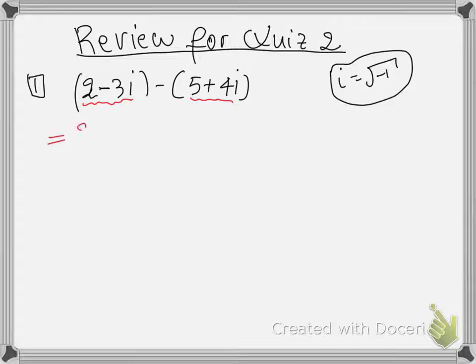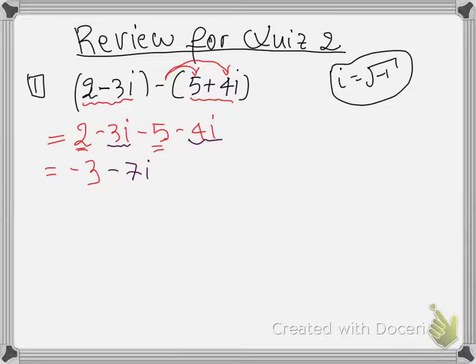So we're going to have 2 minus 3i, subtract 5, so minus 5 minus 4i. What I did here is I distributed the negative into the 5 and the 4i. Then combine like terms: we have 2 minus 5, which is -3, and then -3i minus 4i is -7i.